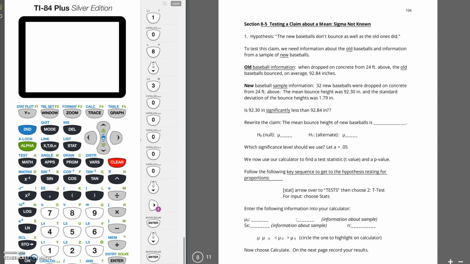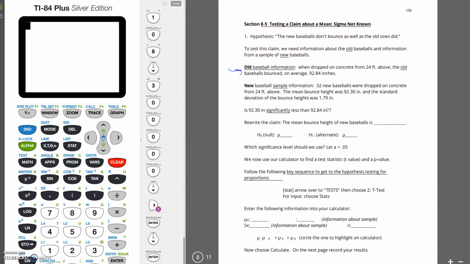To test this claim, we need information about the old baseballs and information from a sample of new baseballs. The old baseball information says when dropped onto concrete from 24 feet above, the old baseballs bounced on average 92.84 inches.